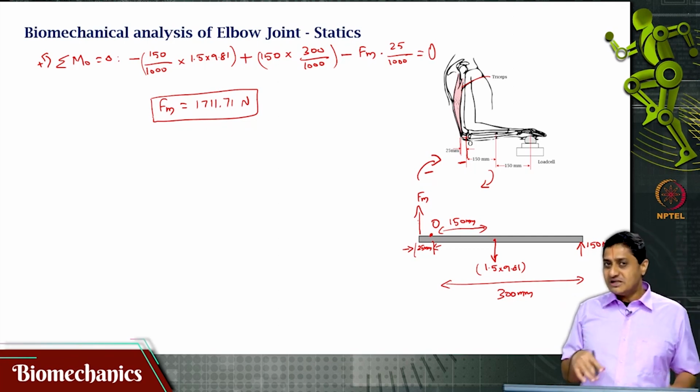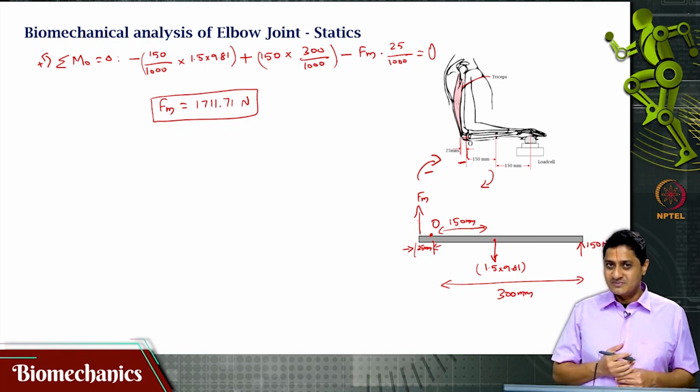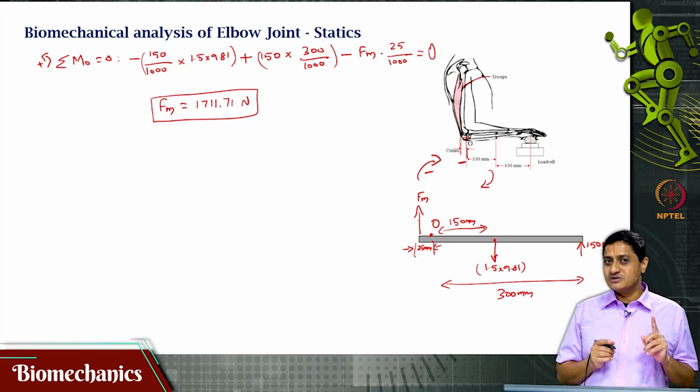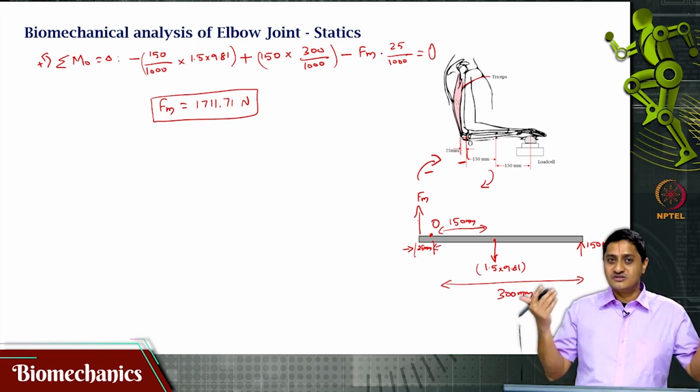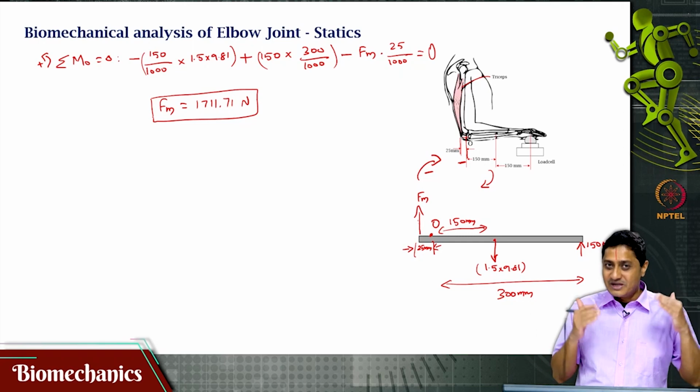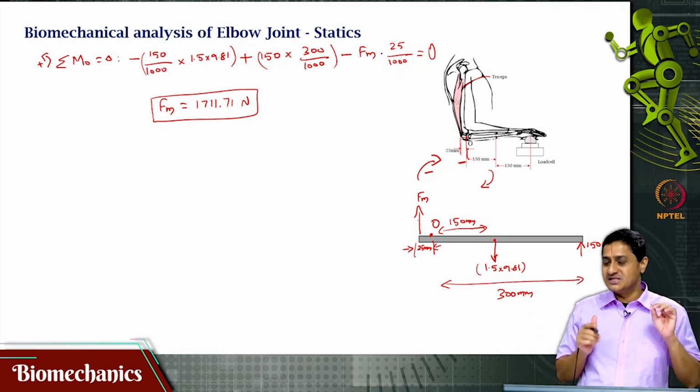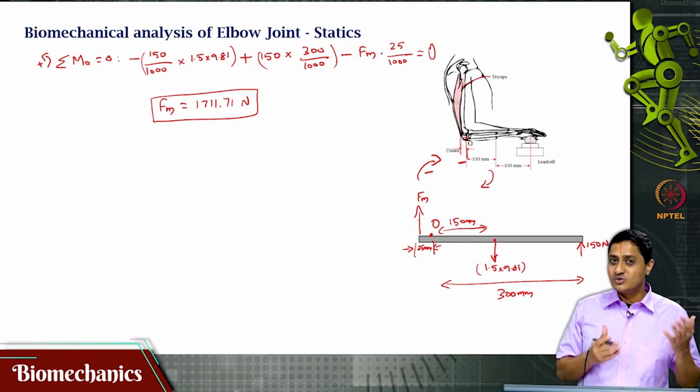I am not expecting an exact answer with my back of the envelope calculation, but I want to make sure that the order with which I am working makes sense. It should not be that my answer is in hundreds of newtons or 10,000s of newtons. It is likely in the vicinity of 1500 or 2000 newtons.